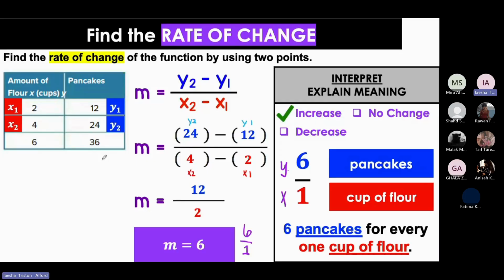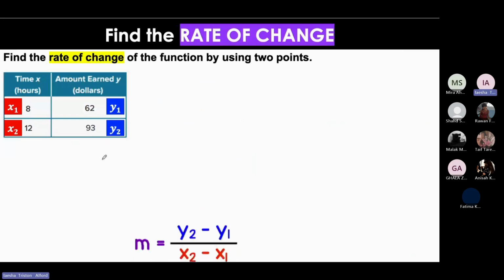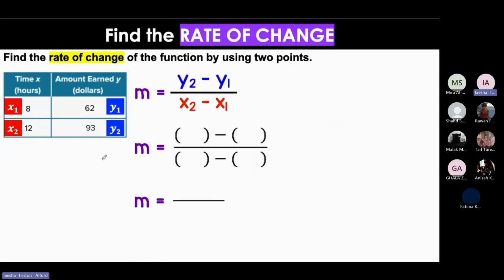Try another one. First, we need to put x1, y1, x2, y2. Write the slope formula. y2 subtract y1 over x2 subtract x1. Remember, this is the number for y2. This is the number for y1.